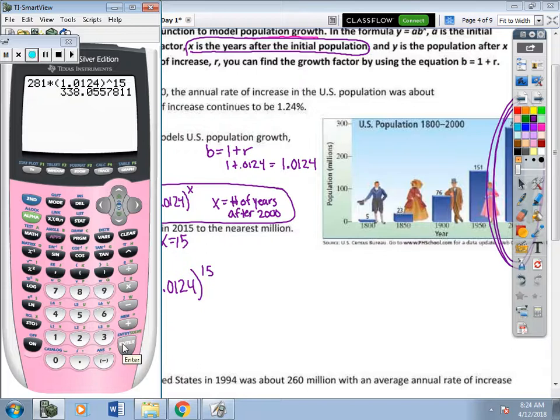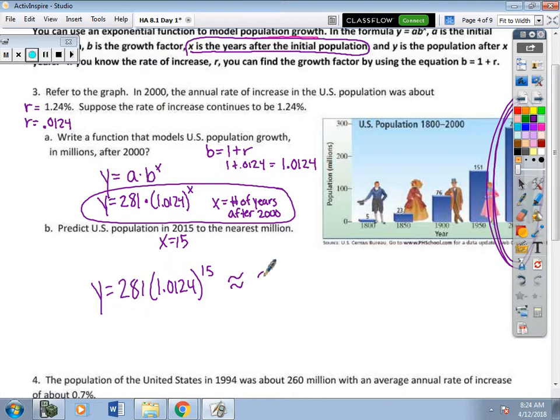And they say to the nearest million, so approximately 338 million. Million people. Yes.